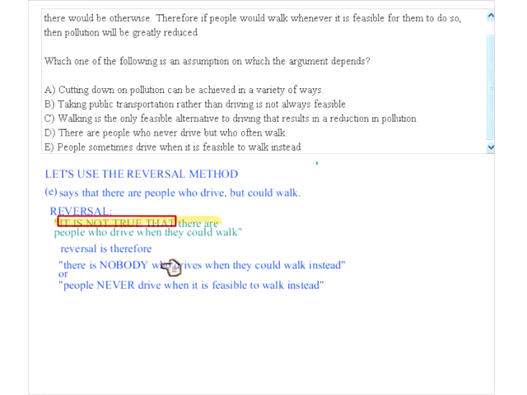If that's true, let's see how this affects the argument. If there's nobody out there who drives, if they could just walk, then nothing will happen, because everybody who would walk is already walking.